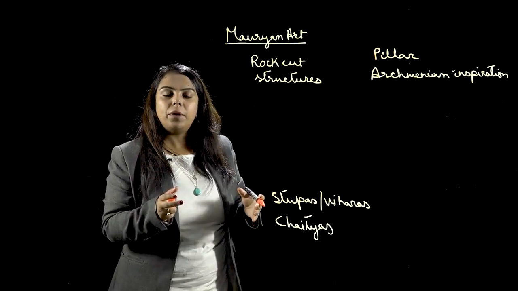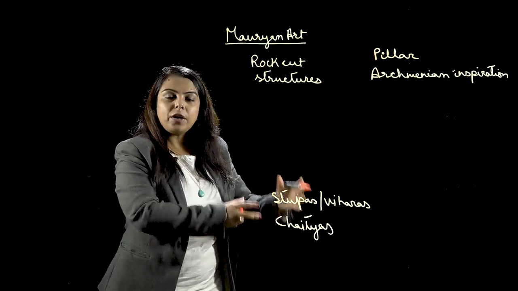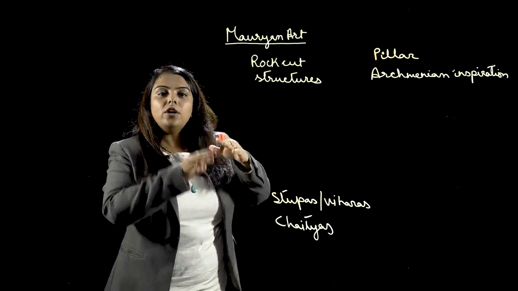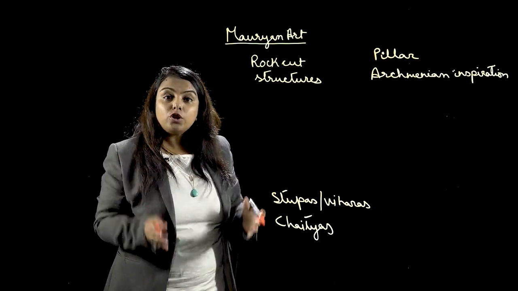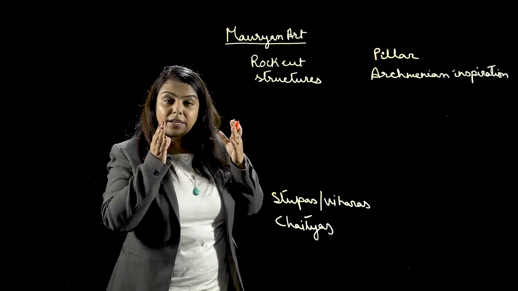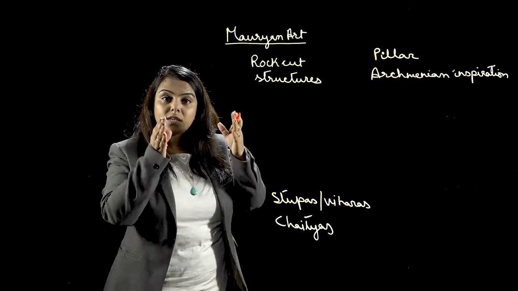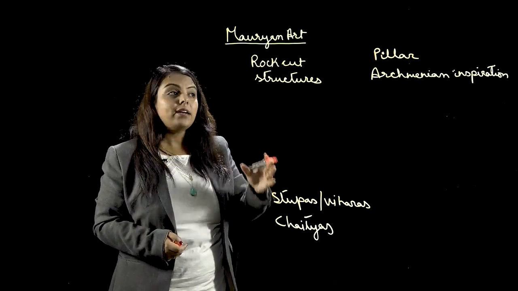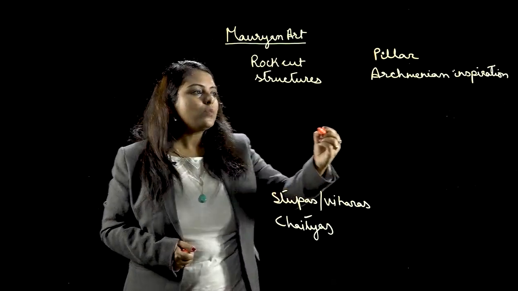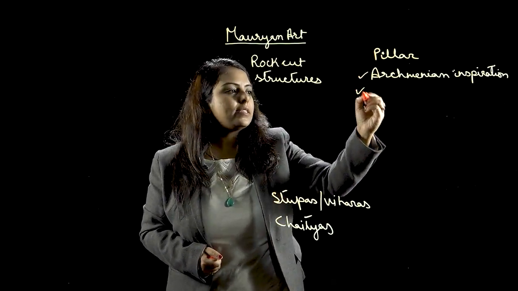So, when those pillars were constructed, separate boulders were brought and placed one after other to create the pillar. But Ashokan pillars on the other hand were created by cutting the rock. A single rock was cut and polished to create the pillar of Ashoka. So, this was the first difference we can say.